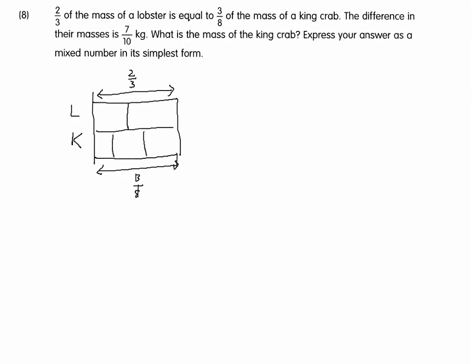What do you think I should do next? Lowest common multiple in order to equalize them, right? What is the lowest common multiple, Sky? 6. So that means it's 3 units here, 3 units, and 2 units, 2 units, 2 units.